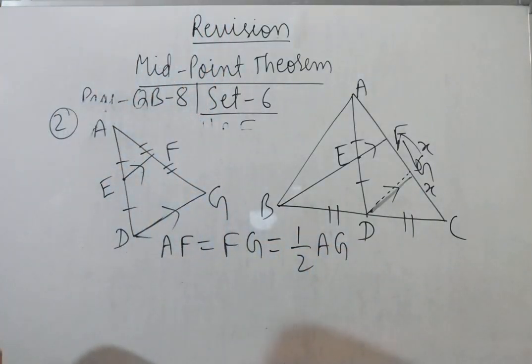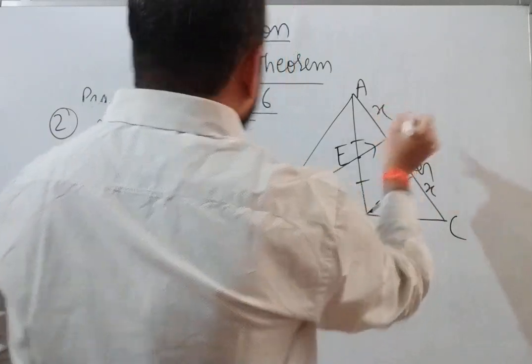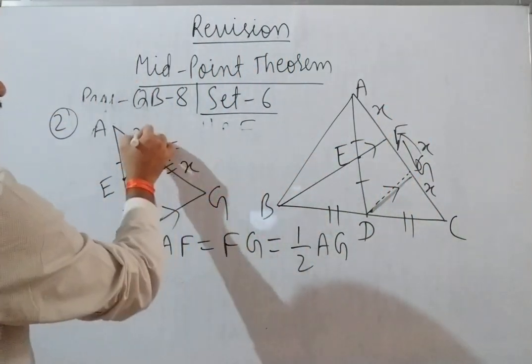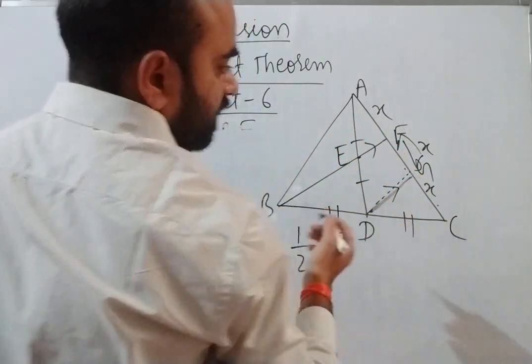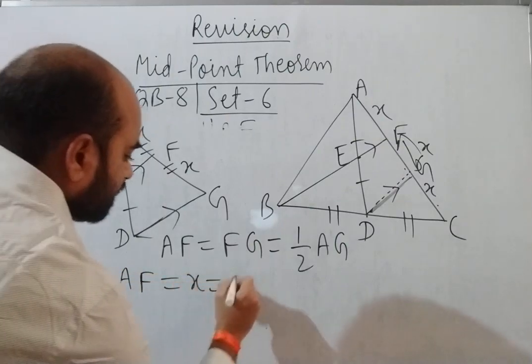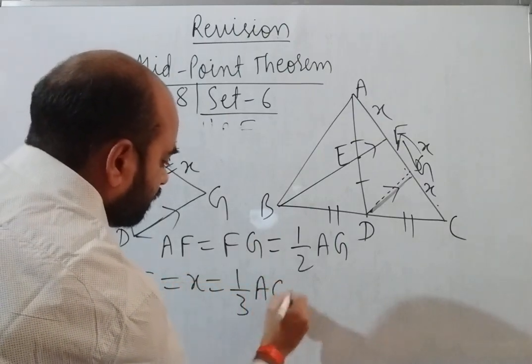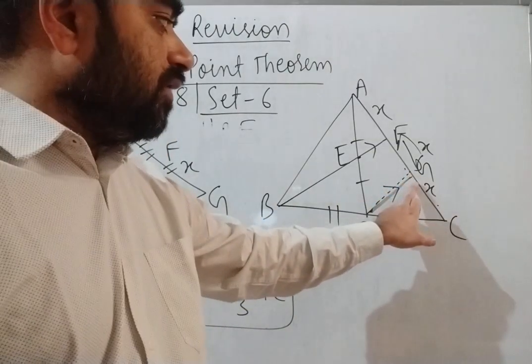Correct? So see, already this part we have taken x. It means this will be also x. So x, x, x. It means AF is x and this is nothing but 1/3 of AC, you can see. Correct? First we have proved G is midpoint of FC.